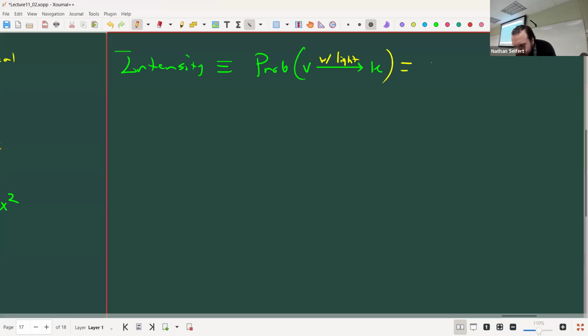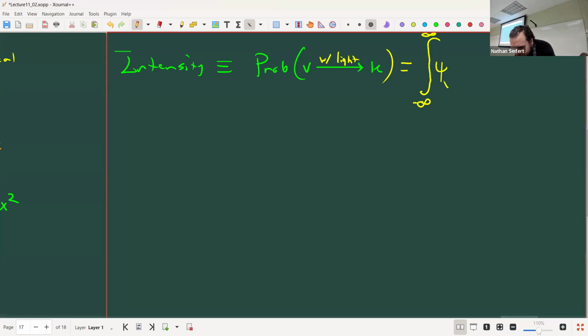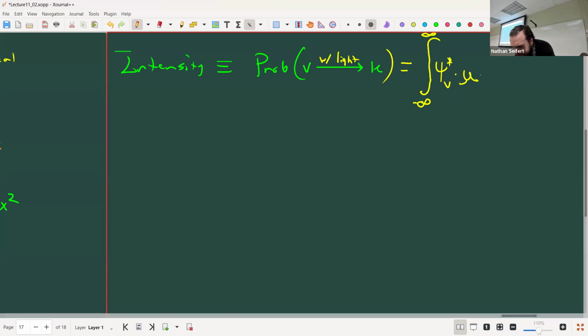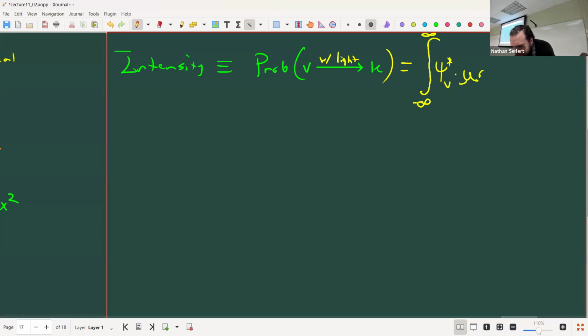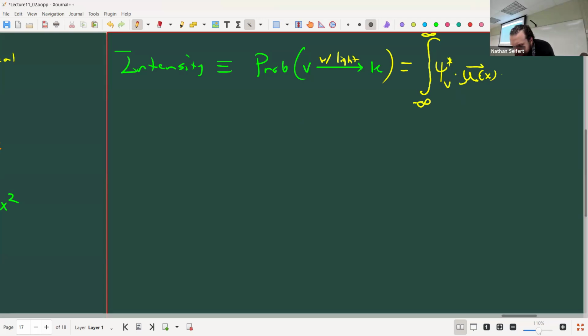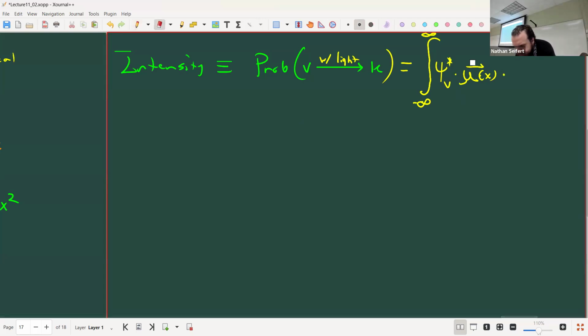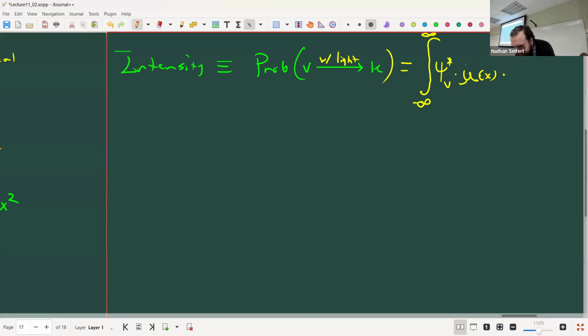And that is going to be equal to the integral from negative infinity to infinity of our lower state psi v times the dipole operator, a function of x, times the wave function for the final state, dx.